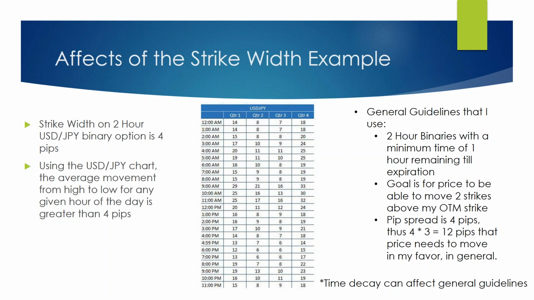So if I'm out 1 strike and I want 2 strikes in my favor, that means it has to move a total minimum of 12 pips. Okay? Now, in this case, if price moves in my direction, time decay is actually working in my favor because price is moving in my direction. Okay?